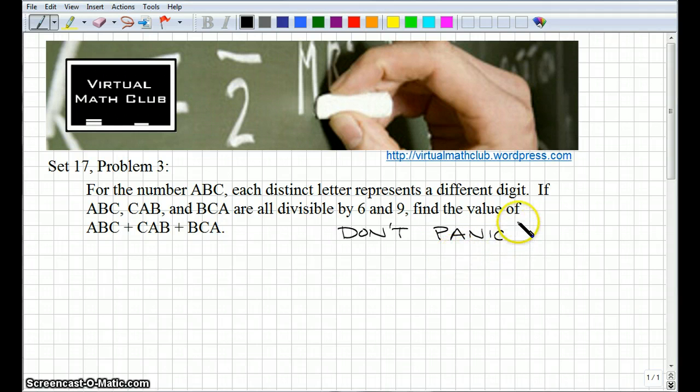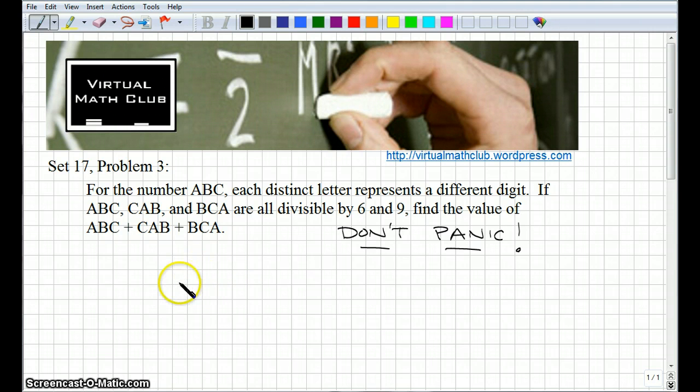I don't know if you've read that book, but it supposedly has the words "Don't Panic" written in big bold letters right in the front. So that's kind of my theme for this set of problems: don't panic. Just think about what you're given and what you know, and put it together and see where it leads you.